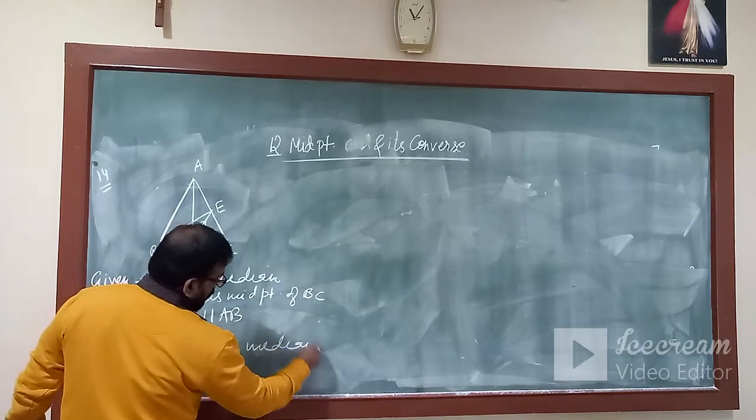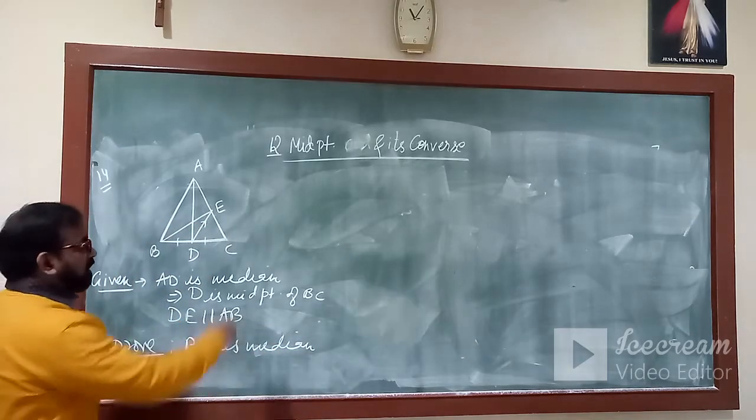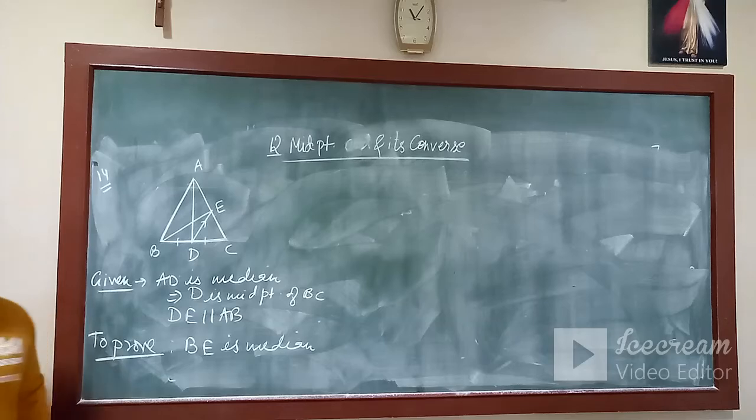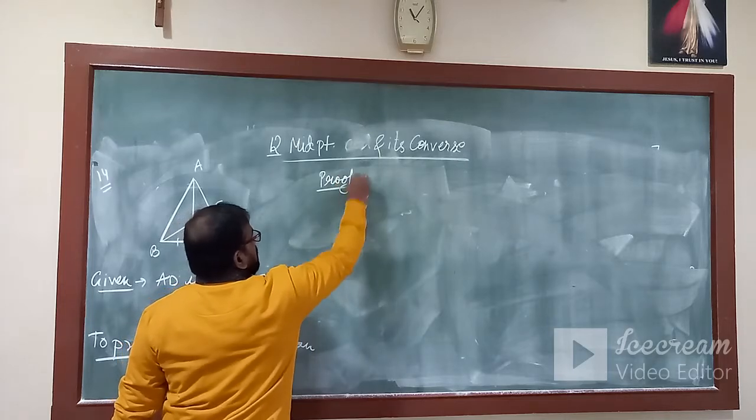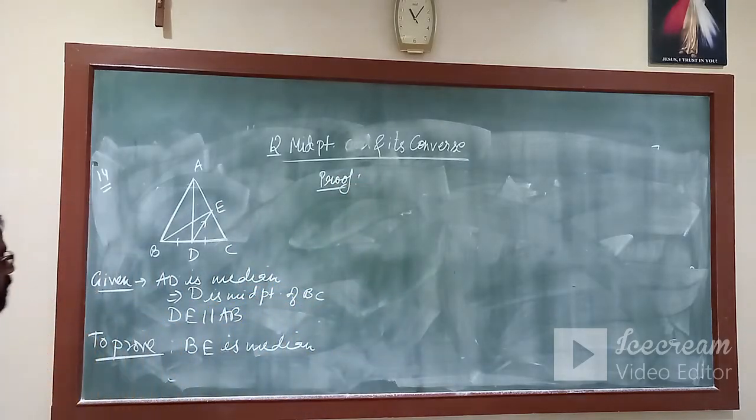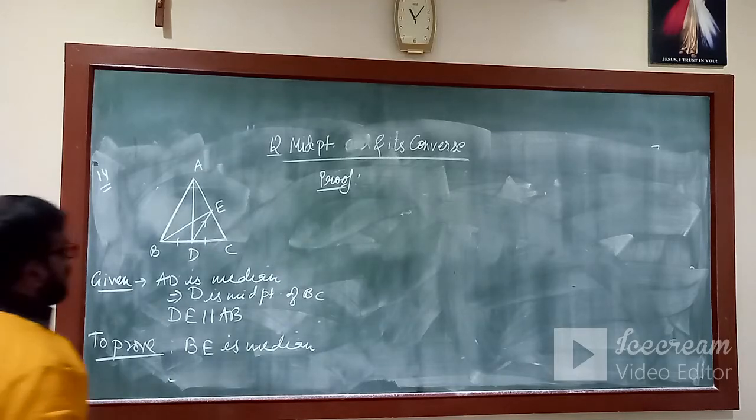In order to prove BE is median, if we can prove that E is the midpoint of AC, then it becomes the median. So let's see.